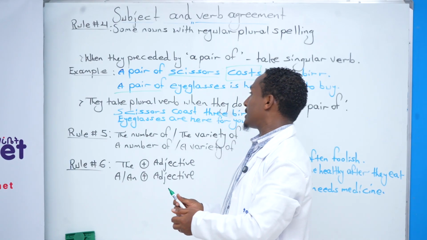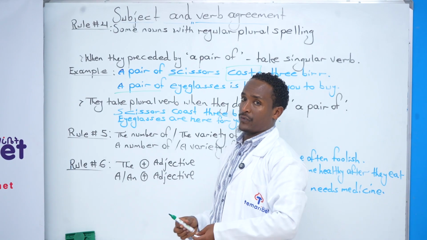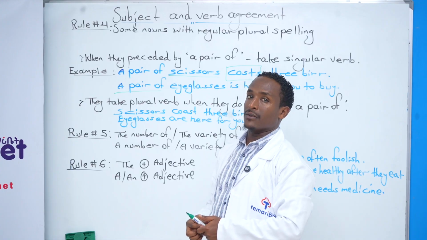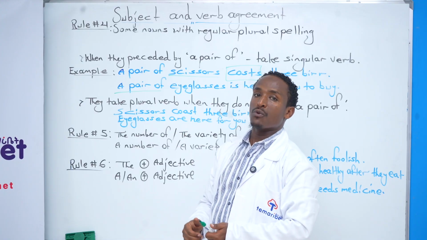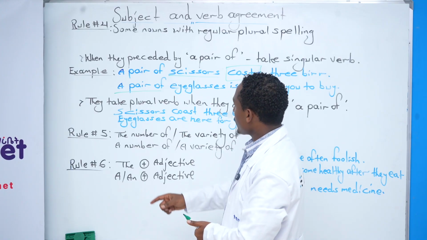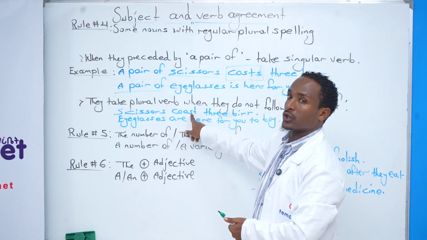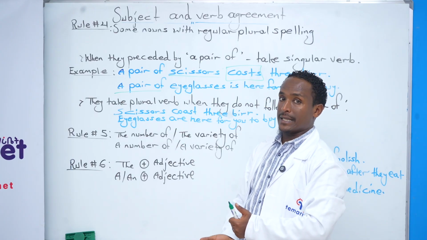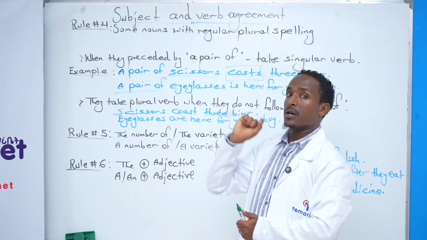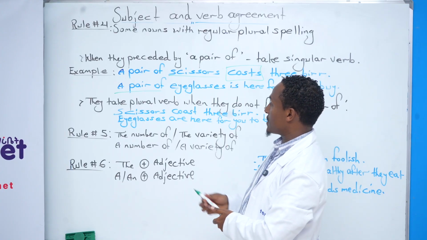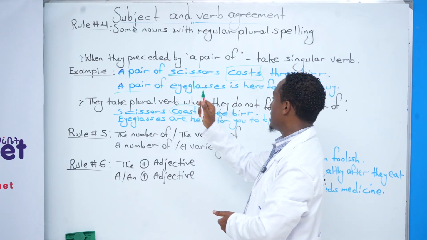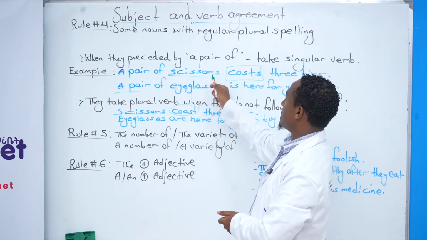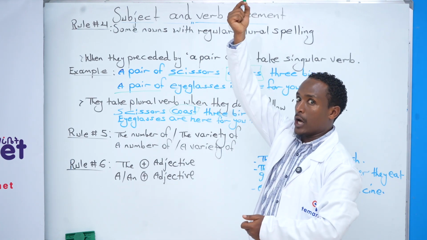The next one, what if you don't add a pair of in front of these nouns? You are talking about more than one of the objects, okay? Scissors cost, not costs. Why? Because you are talking about more than one scissors, okay? Or more than one of the given object. That's why you said scissors cost 3 birr. Here, a pair of scissors costs, one of the object.